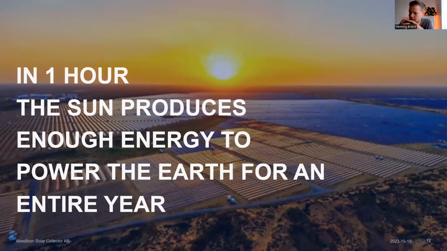That's the one that you can use to produce electricity, solar PV, and then the sun delivers the other form of energy, which is heat. So those two energy forms are actually not the same. When you produce PV, you use the light of the sun, and when you produce solar thermal, you use the heat of the sun.